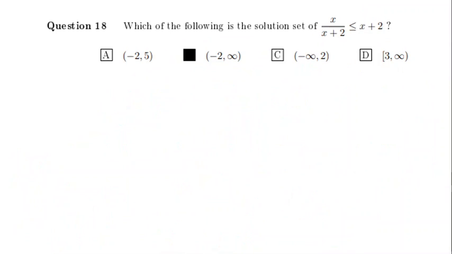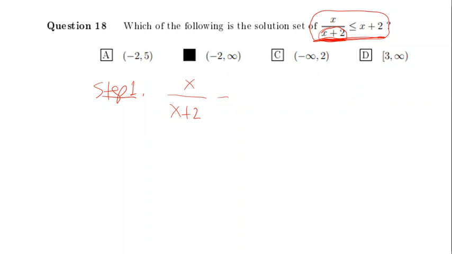Let's look at this problem here. There's an inequality here, and this is a rational inequality, and in the denominator we have x. So since we have x in the denominator, we do not use the LCD approach here. We have some steps for solving such inequality. The first thing is you have to write it in standard form.